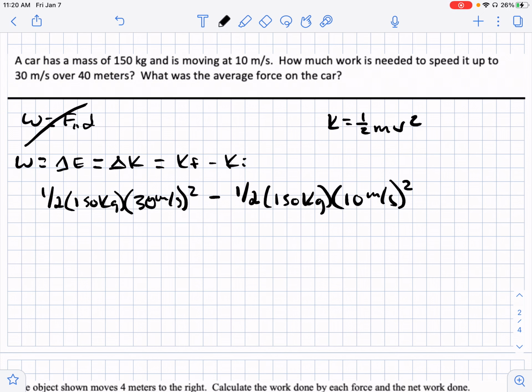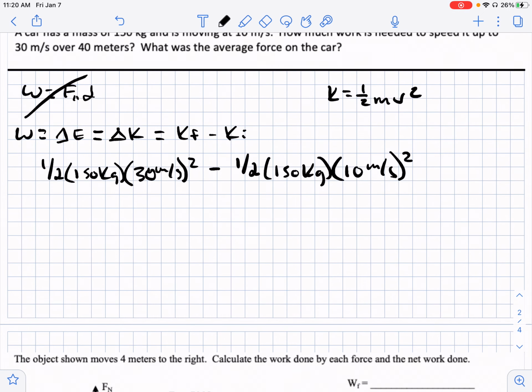So when I punch that in, I should end up with 67,500 joules minus 7,500 joules. So the work here in this case is equal to 60,000 joules.